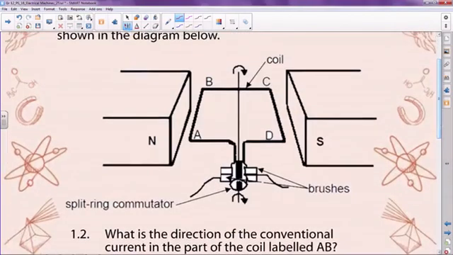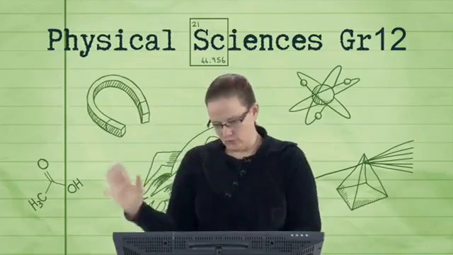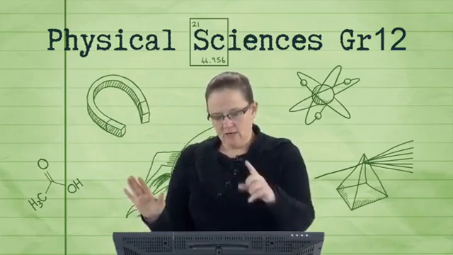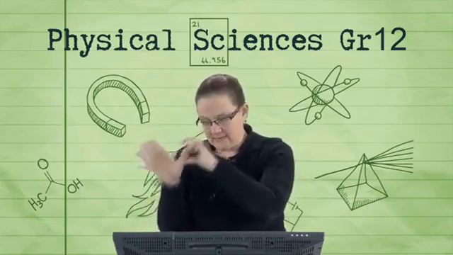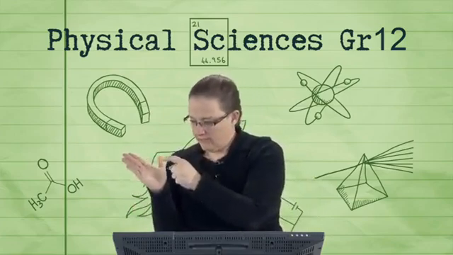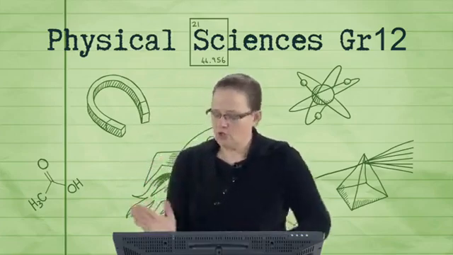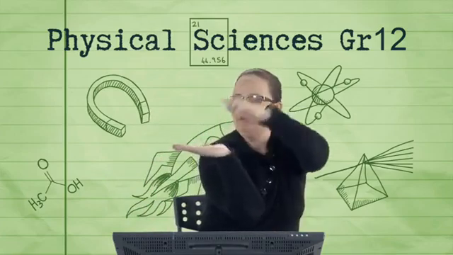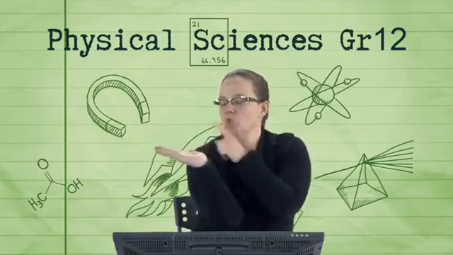They're asking what happens between A to B. We remember that A to B is moving up and C to D is moving down. So if I use my right hand, my fingers point north to south, my thumb is the current, my palm is the force. It's moving up, and as you can see, my thumb is pointing towards me.